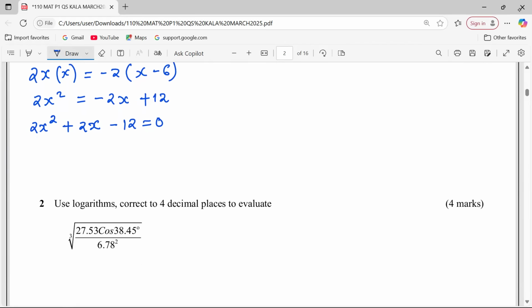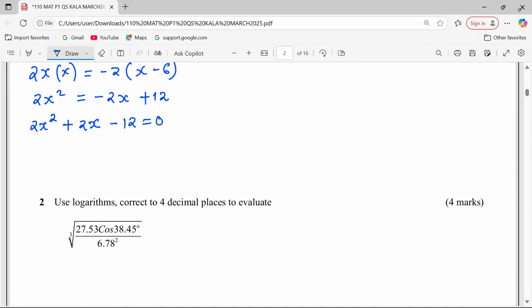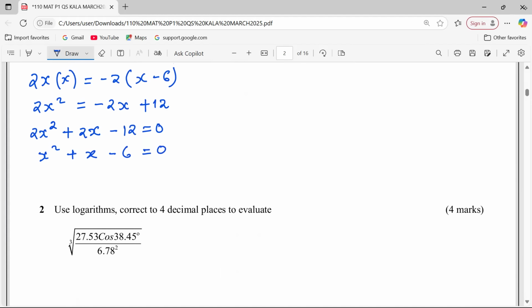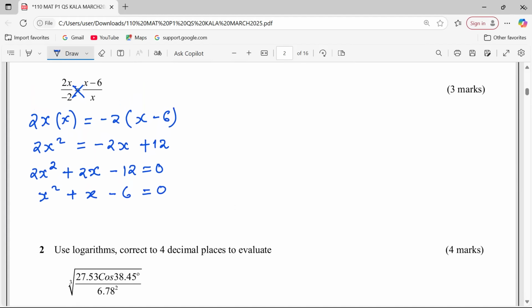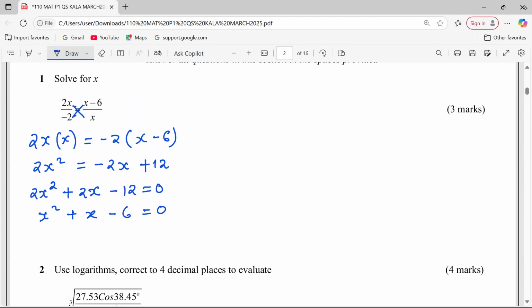The equation can be solved at that point, but looking at how it has been structured, you can notice that there is a common factor, that is 2. So 2 can be factorized such that when we divide through by 2, we get x squared plus x minus 6 equals 0. So this can now be solved using any of the several methods of solving quadratic equations.